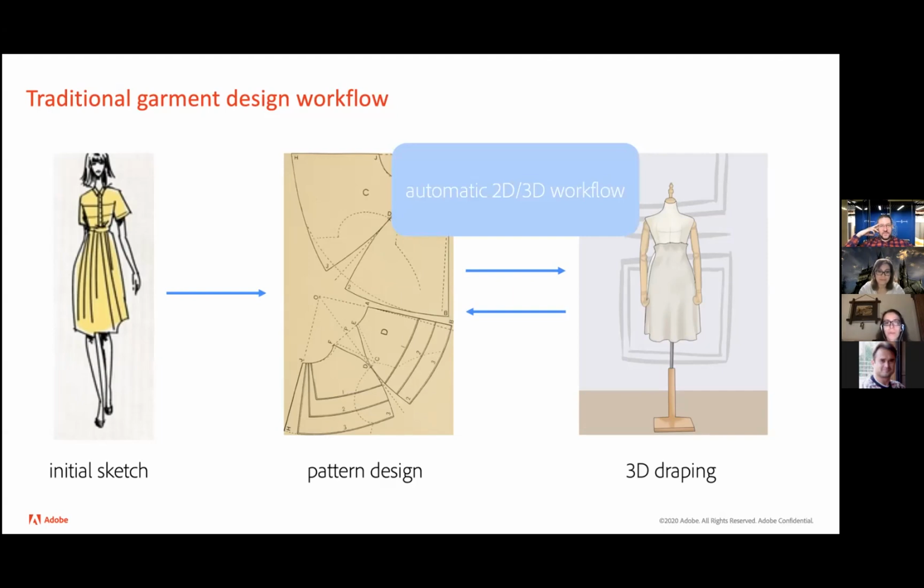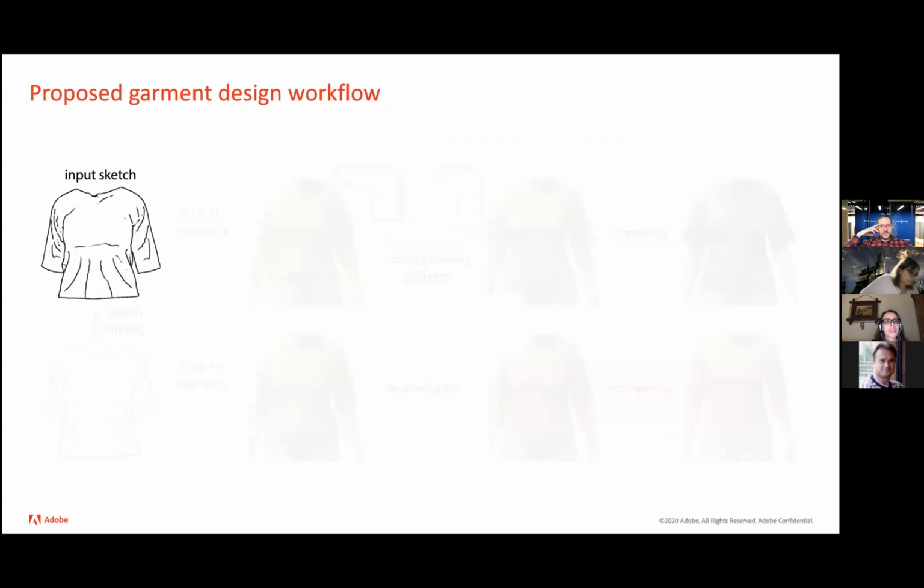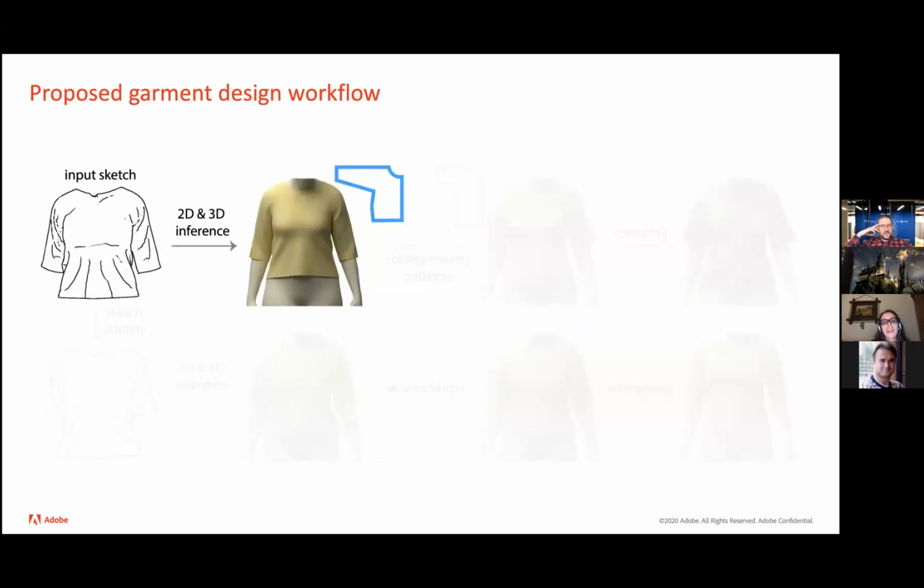So our goal was, can we now, using some machine learning approaches, automate this iterative process? So what we want to build is a system where we start with some initial input sketch and then automatically infer the parameters of the garment. So it could be the parameters of the patterns in itself, and also how the garment would look like once it's draped in 3D.